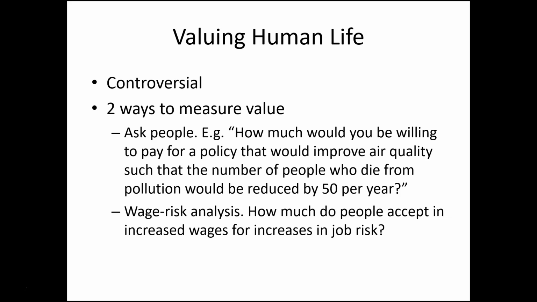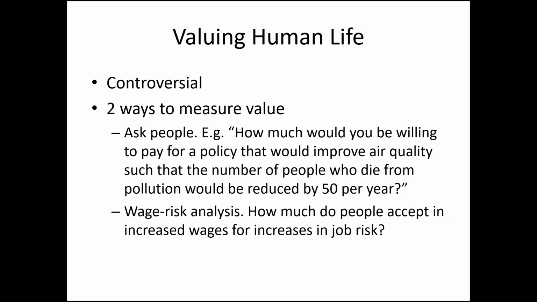And so if we want to truly evaluate the value of a policy that, say, reduces pollution, we need to understand then what is the value of the human life that we might save if we do that. And it's certainly controversial. It doesn't feel good to put a dollar sign on the value of human life, but sometimes it's necessary to be able to really do a cost benefit analysis of a policy.